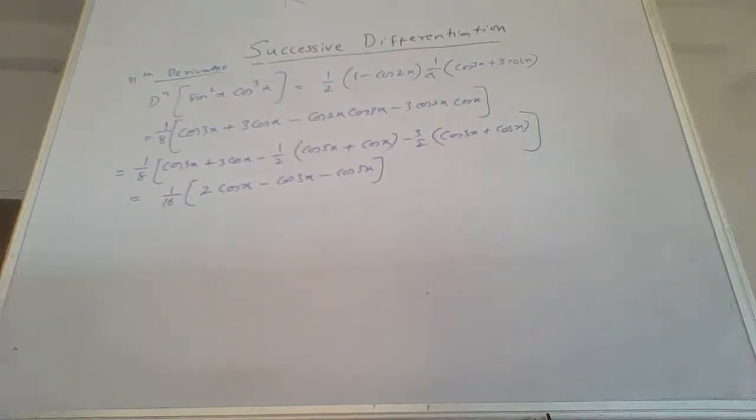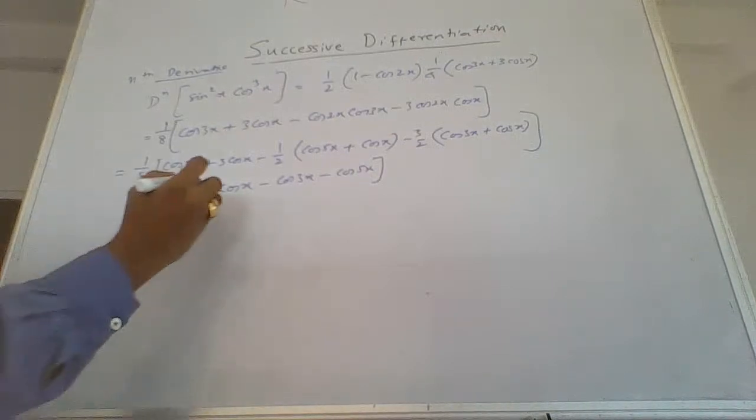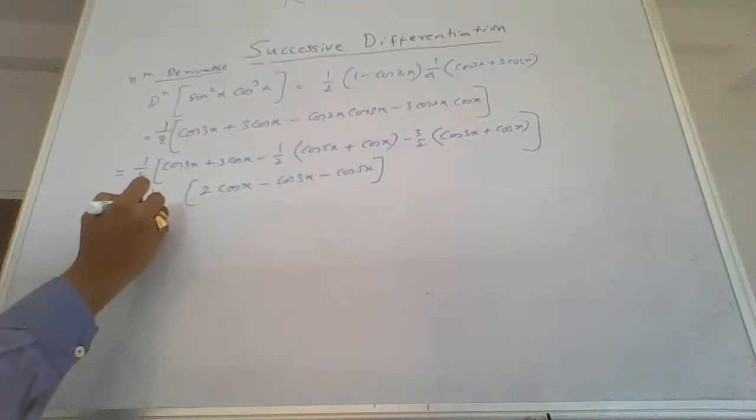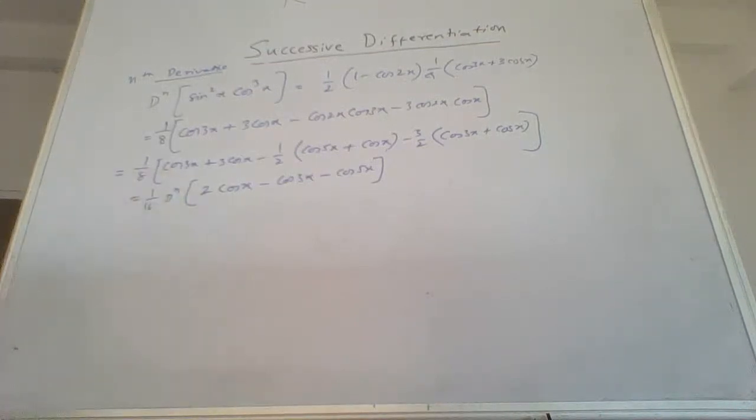Fine. Let us find the nth derivative for this. So this is 1 by 16 of the nth derivative of this.